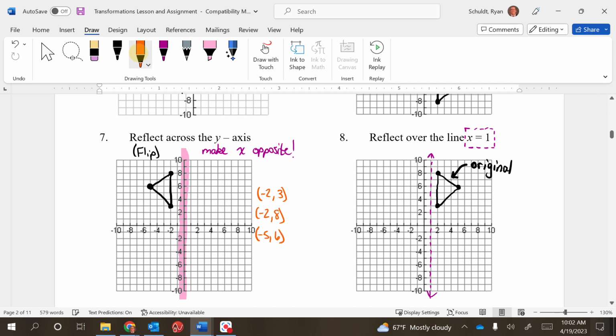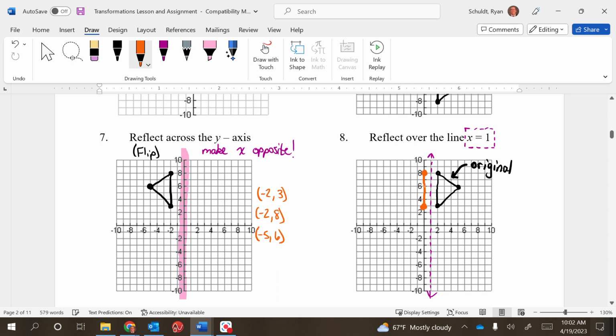Okay, now, when I reflect over the line x equals 1, think of x equals 1 as like a mirror. He is looking into a mirror. Well, where does he reflect? This point is 1 over, so he's going to go 1 over there. That point's 1 over there. So here's going to be that line. This point, 1, 2, 3, 4 from the line.